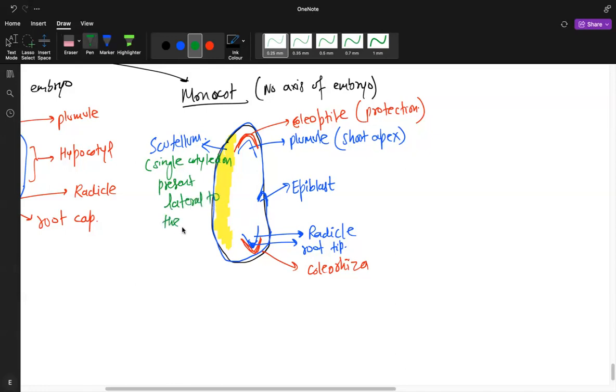Is it clear, everyone? So the embryo does not have an axis of its own, but everything is present in the same structure, a single cotyledon structure. Does it make sense?